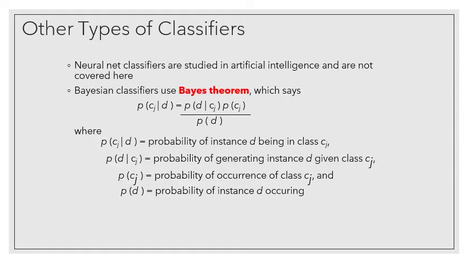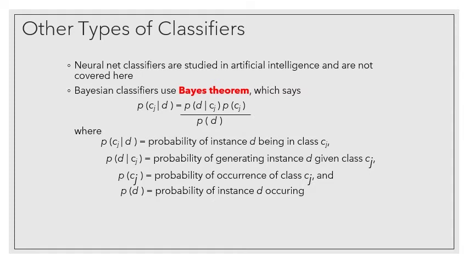Now let's see other types of classifiers. Bayesian classifiers find the distribution of attribute values for each class in the training data. When given a new instance D, they use the distribution information to estimate for each class Cj the probability that instance D belongs to class Cj, denoted by P(Cj|D), in a manner outlined here.